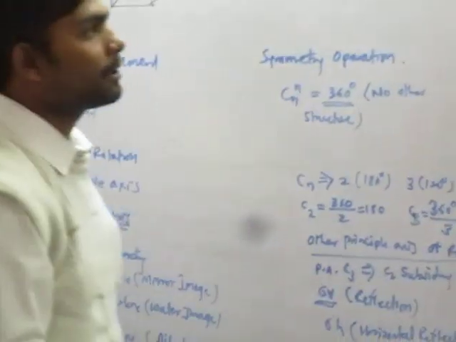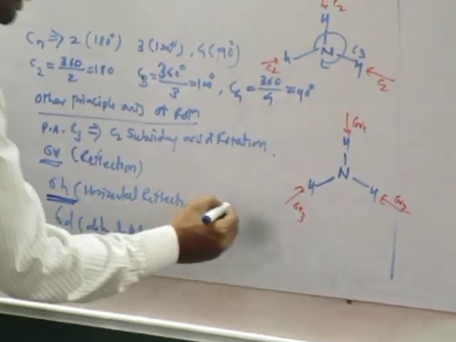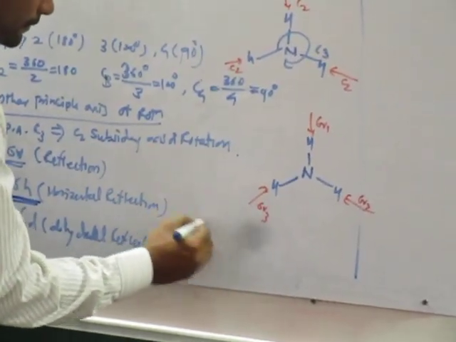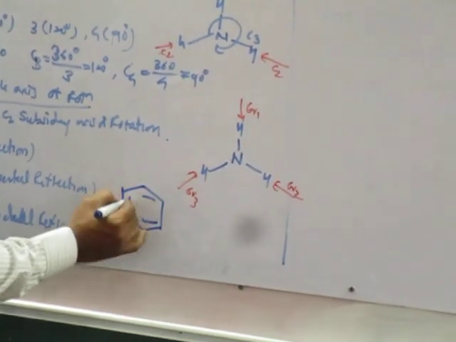Then the last one, the improper axis of rotation. For a molecule like benzene, which is uniform and planar, there will be a sigma h, the horizontal plane of symmetry.